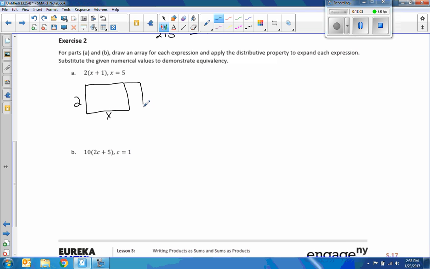This would be 1. So 2 times x is 2x. 2 times 1 is 2. So we get 2x plus 2. Then it says plug in x equals 5. 2 times 5 plus 2, 10 plus 2, 12.